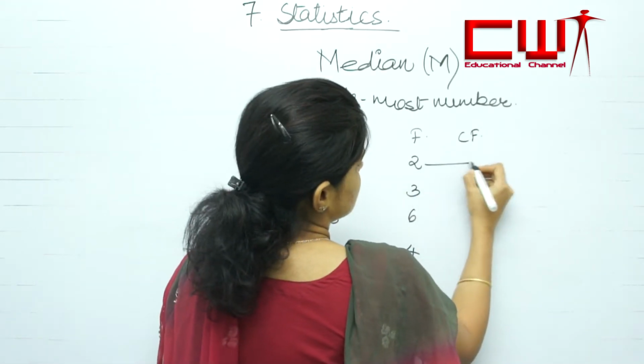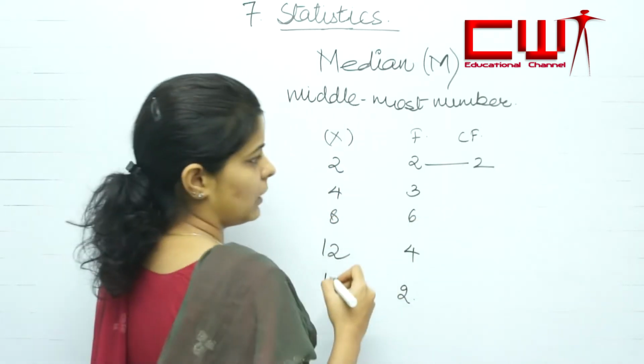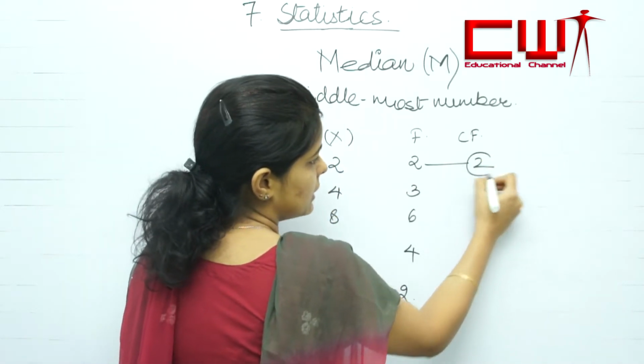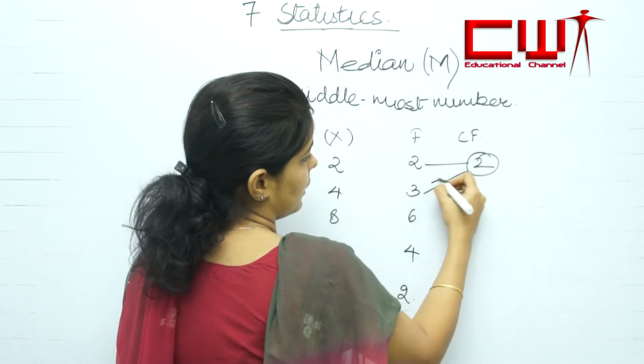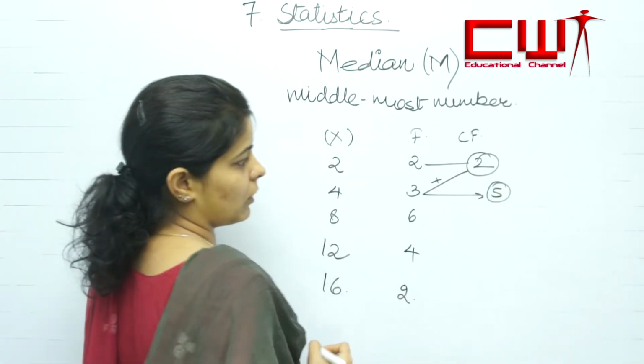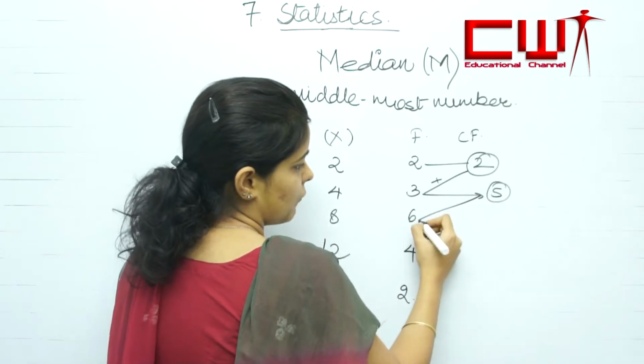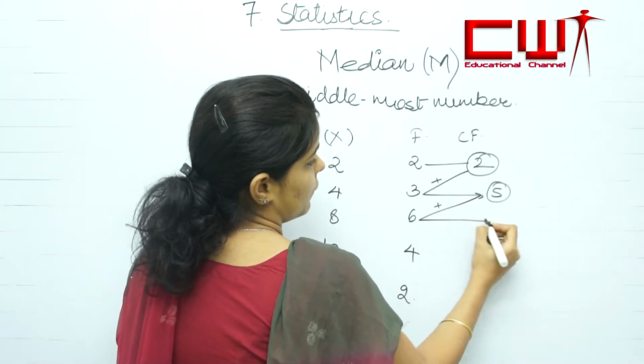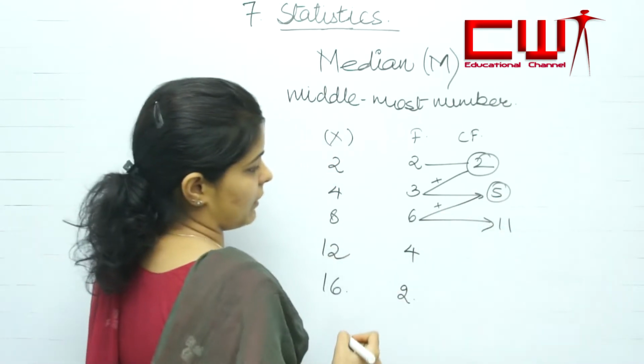Means, see, first number you will write 2. Next what you do? This 2 plus 3 will give you how much? 5. Alright. Then this 5 plus 6 will give you how much? 11.